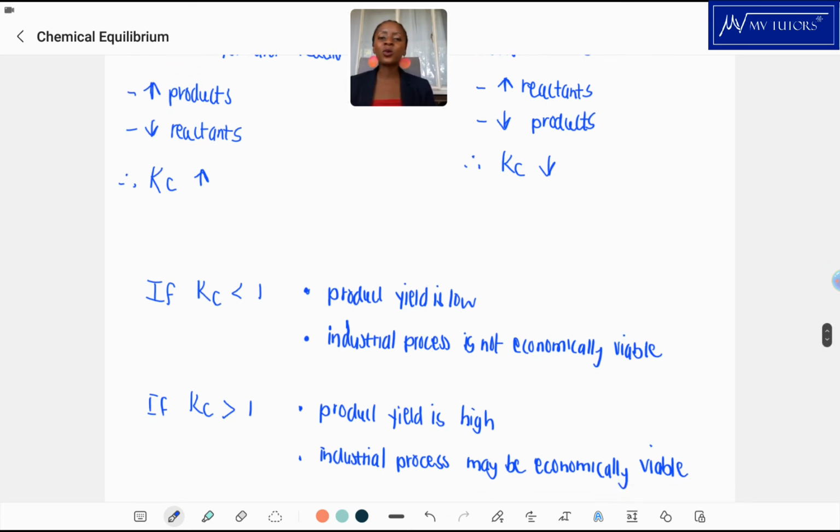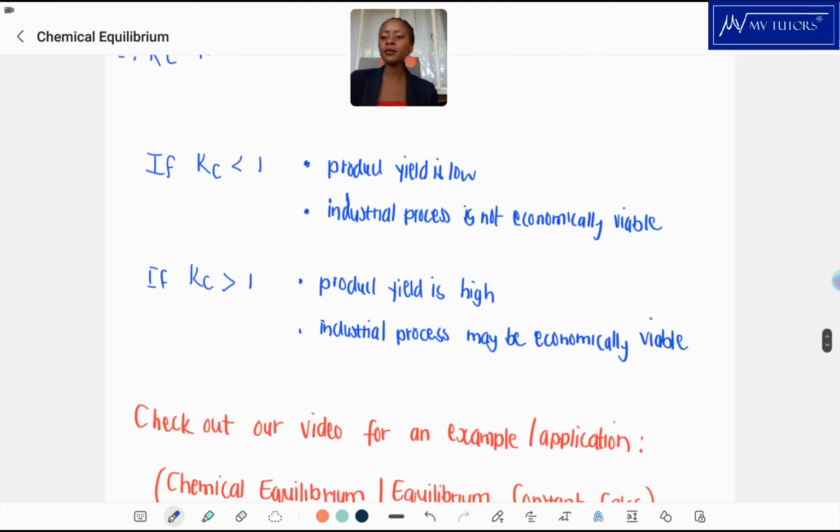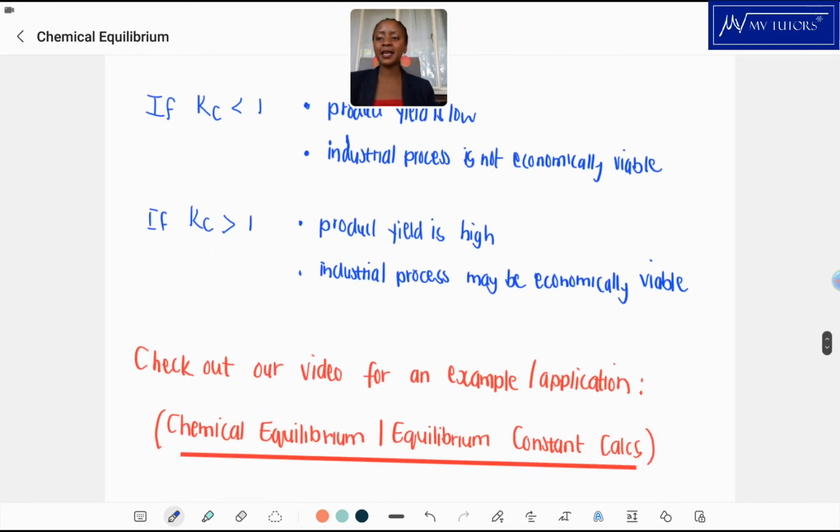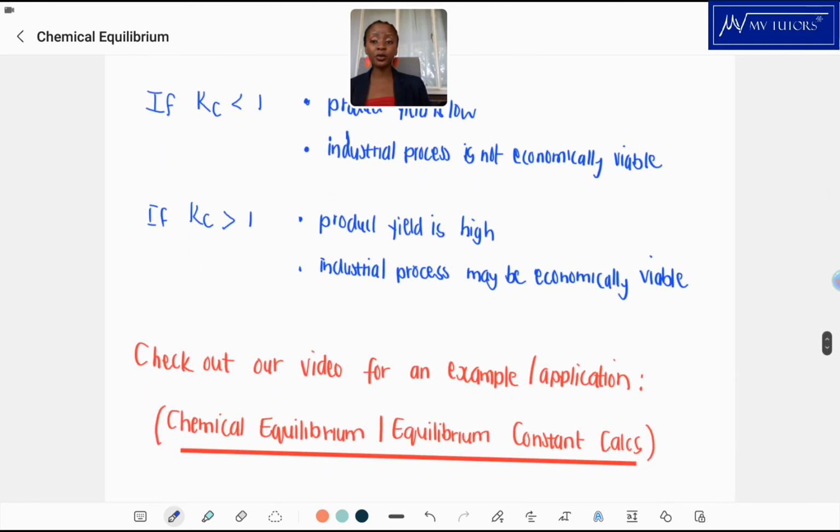But that isn't the only thing that determines whether something is economically viable. There are more factors to it, but where we are right now with the equilibrium constant, this will be fine. Like I said, you can check out our video for an example or application. The video is called Chemical Equilibrium, and then equilibrium constant calcs.